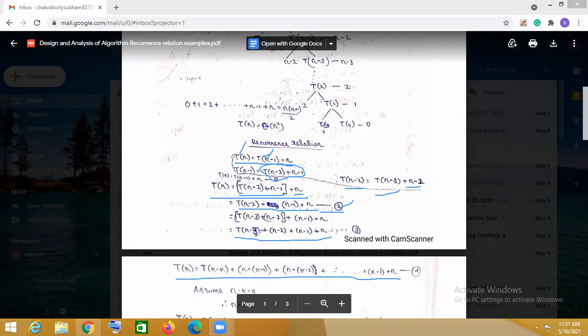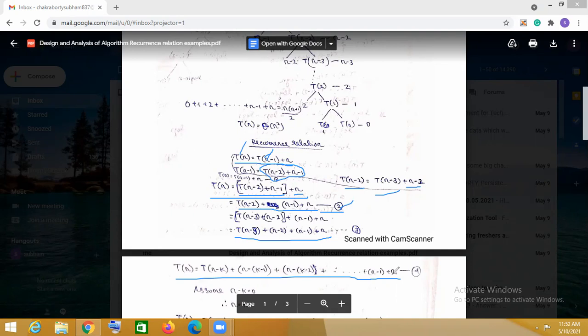So if we put k, then this value will become k minus 1, this will become k minus 2, and so on. That's how you can see T(n) equals T(n-k) plus (n-k+1) plus (n-k+2) up to (n-1) plus n, after continuing up to k steps.